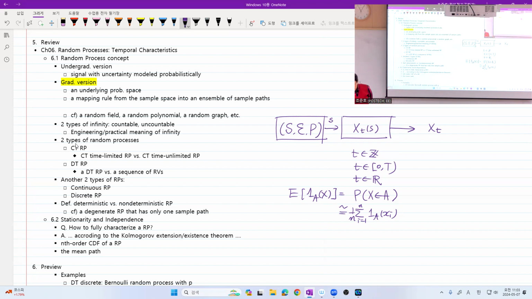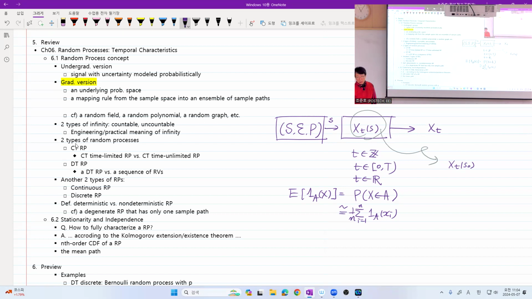However, if you take a look at this one again, we can view this random process in two different ways. The first one is this. Suppose we fix S. So we have some specific outcome from our random experiment. Then what is this x sub t of s0?